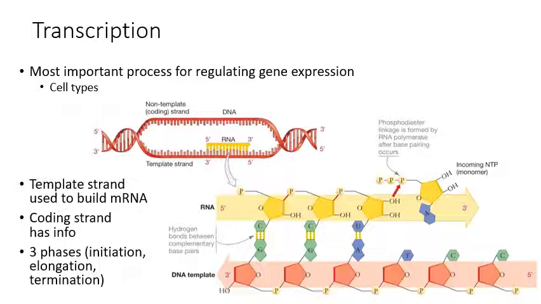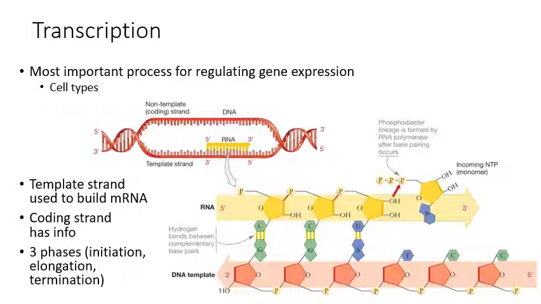So it's actually necessary for having different cell types to be able to regulate gene expression, right? Every cell in your body has the same DNA inside of it, so it has the same genes, but of course the different cells are different from each other. Your skin cell is not the same as a brain cell or a muscle cell or a bone cell. All of them are different.